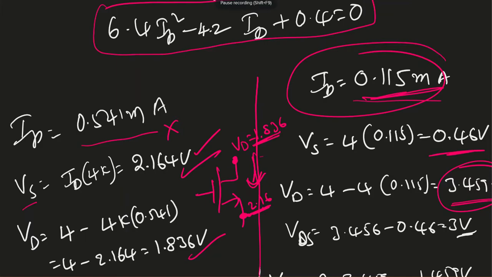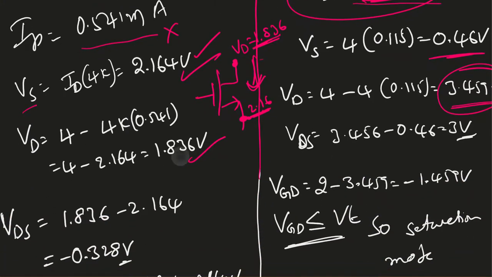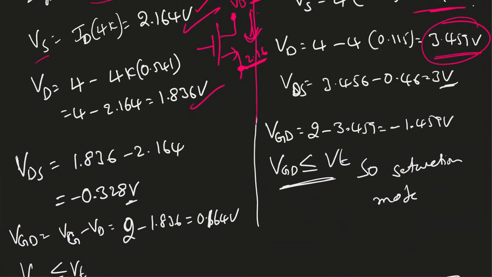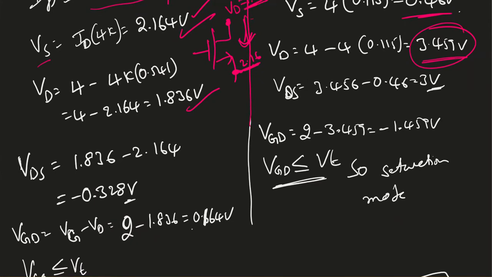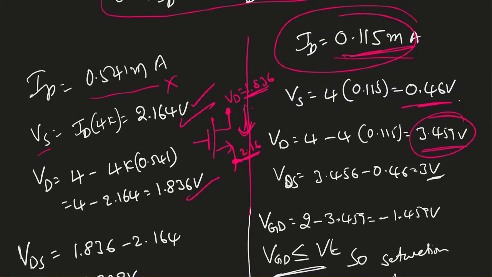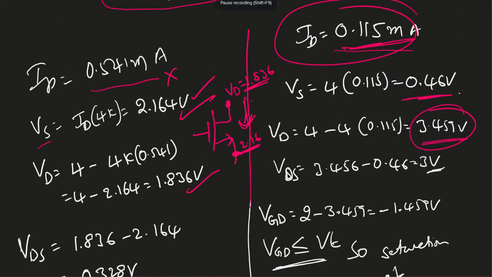So definitely this may not be the right current. At the same time, if you find VGD, you end up with VGD equal to 0.164. To be in active mode of operation, your VGD must be less than or equal to Vt, the threshold voltage. So this is not the right current. So I took the other one and substituted the other current for ID.